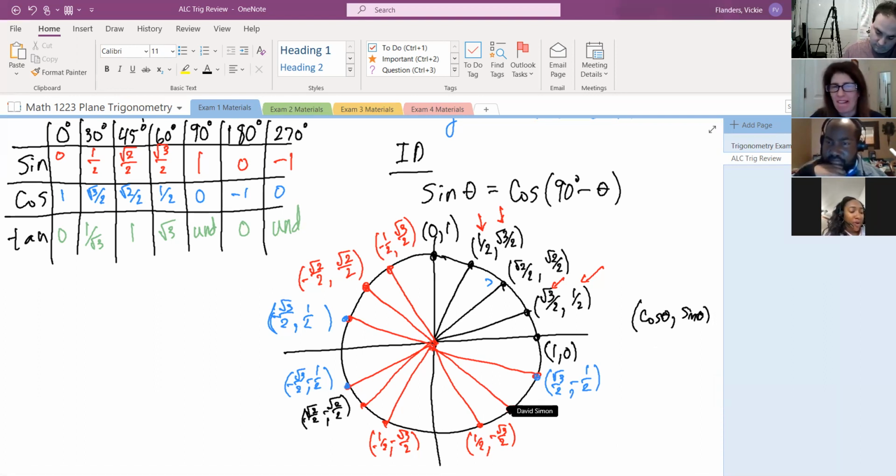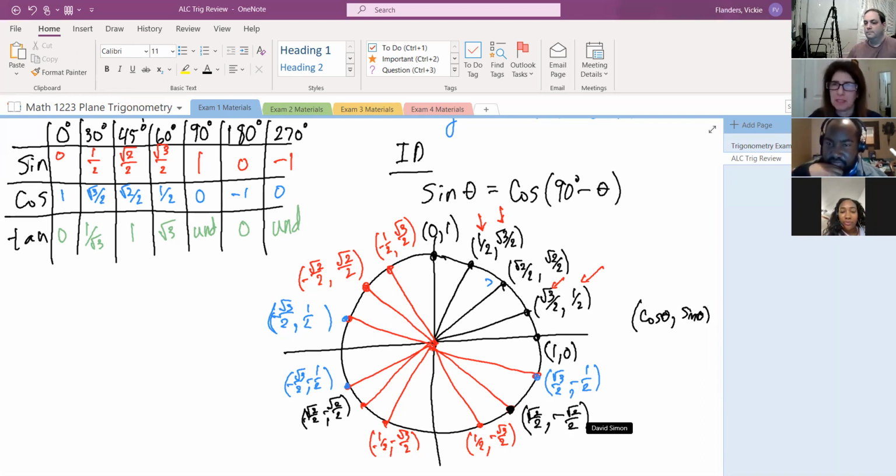Wait a second, this one in the middle. I'm sorry, it's a positive square root of 2/2 and a negative square root of 2/2.